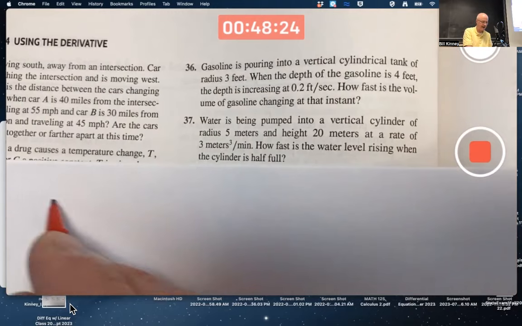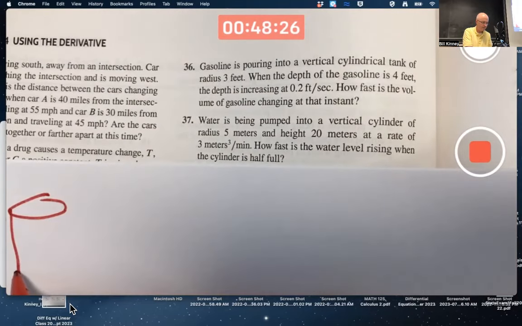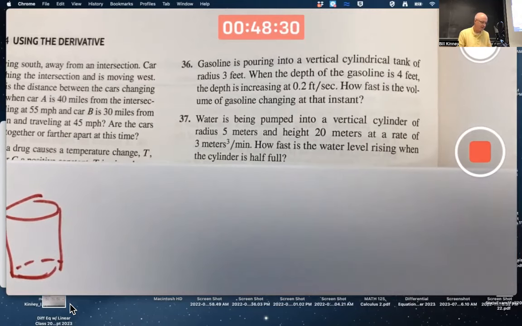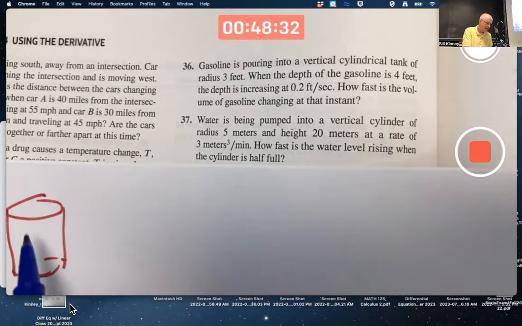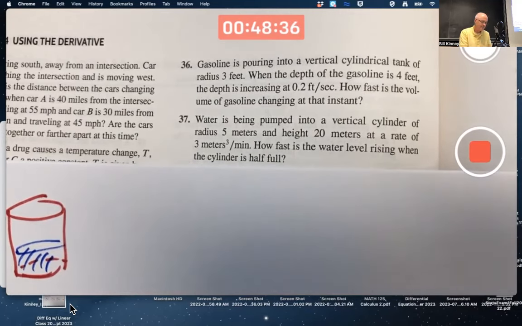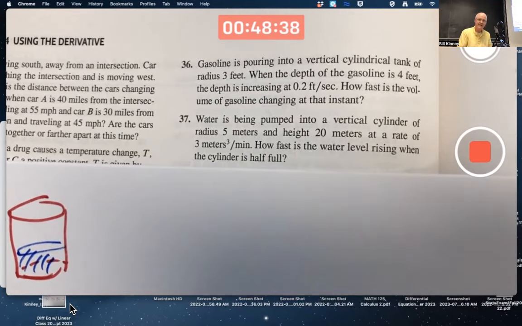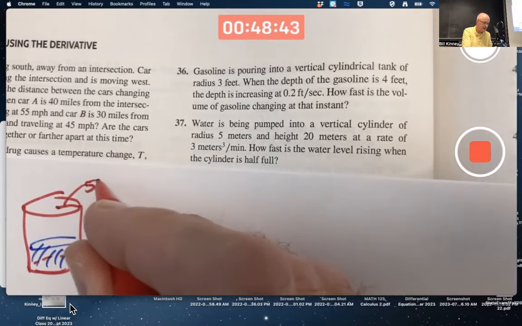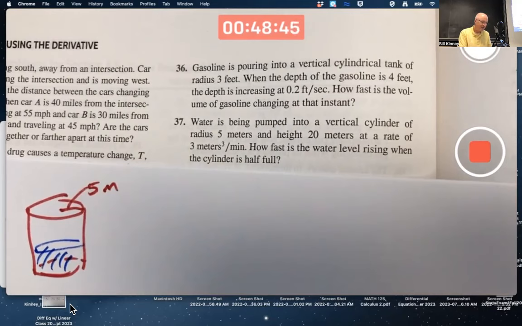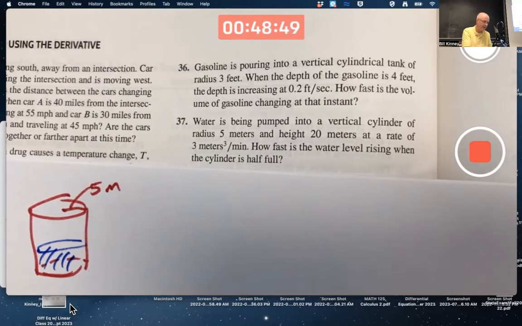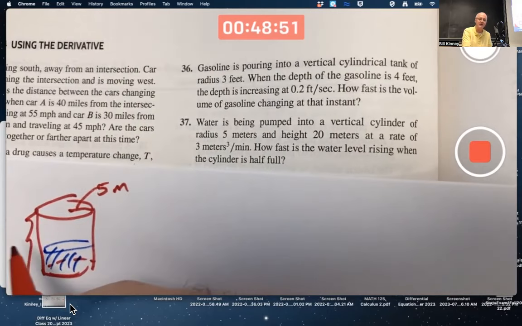So it's a cylinder again. This time it's got water in it. I'll make it blue. This is literally water now. The radius of the cylinder is 5 meters. And the cylinder itself has evidently a total height of 20 meters. This is a little different kind of information here.